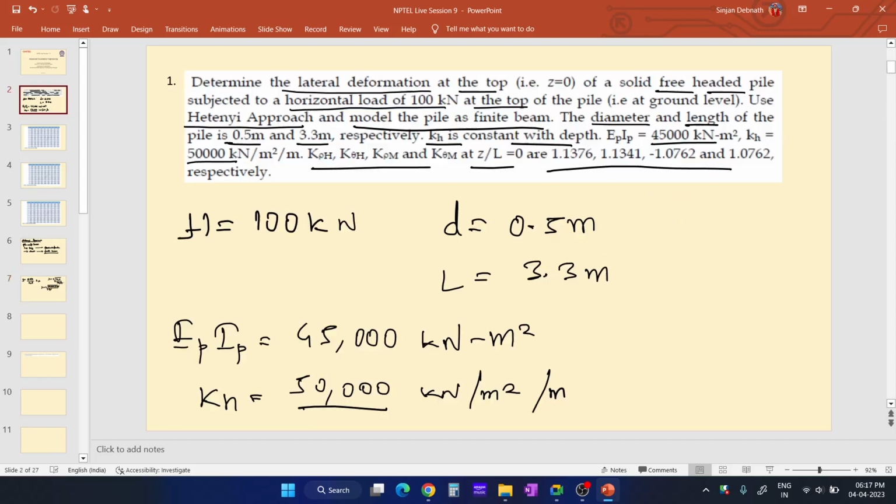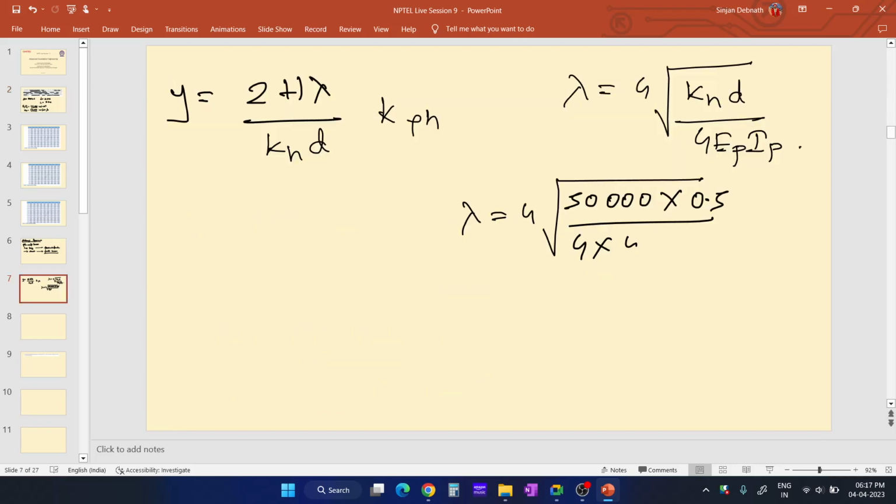The flexural rigidity is 45,000, so 4 into 45,000. If you calculate this, you will get lambda to be 0.61 per meter, 0.61 meter inverse. So this is the value of lambda.